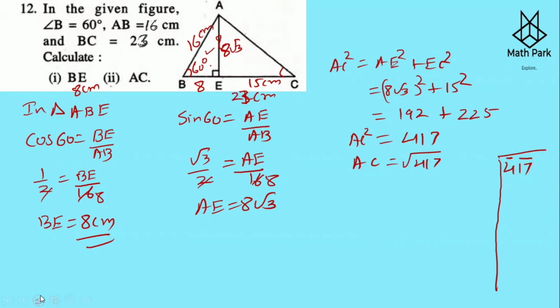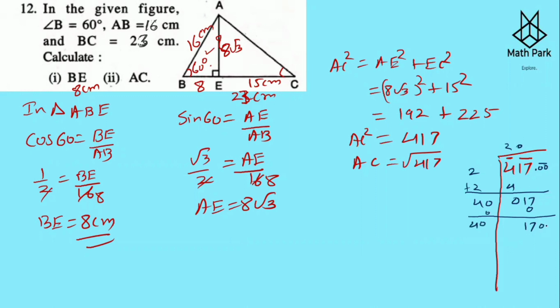Let me change the color of the pen here. So we have 2 2s are 4, 4 minus 4 is 0, plus 2, so you get here 4. Bring this 17 down, so you get here 417. Put up decimal and take a pair of zeros, so 40 comes here.